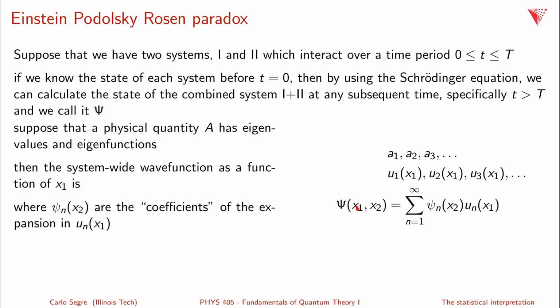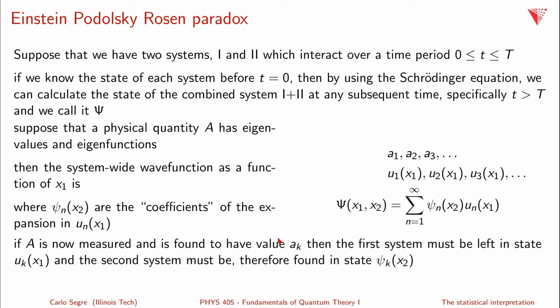Because we want this in terms of both these variables. So u sub n only depends on system 1, so psi sub n has to be a coefficient that also depends on x2. But as far as x1 is concerned, x2 are all constants. So that's fine. They're completely different coordinate systems.